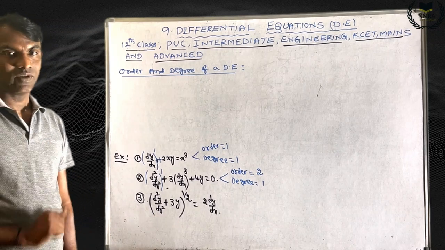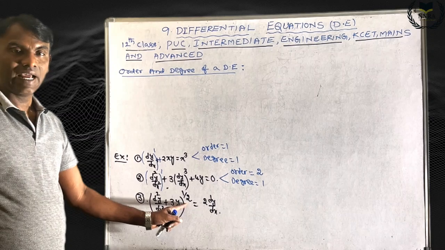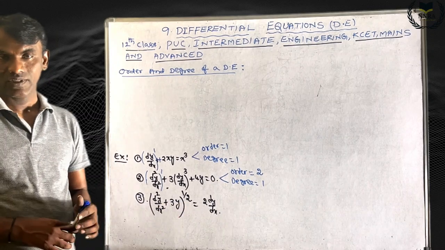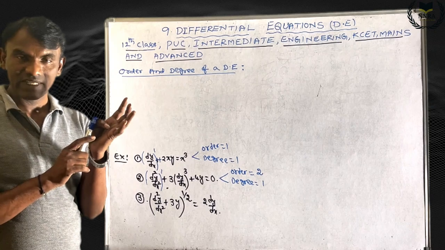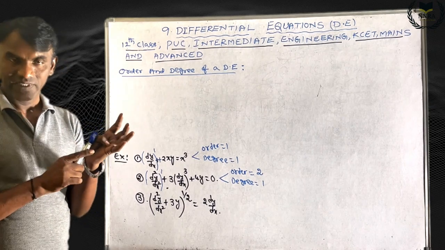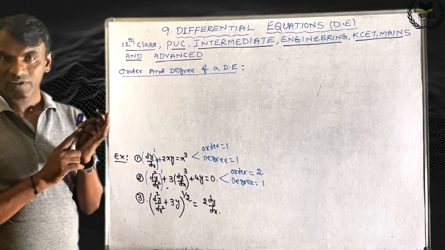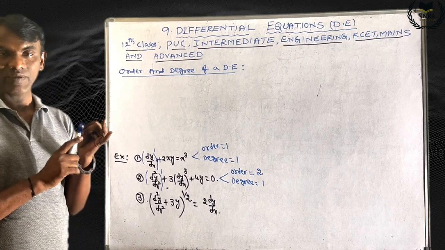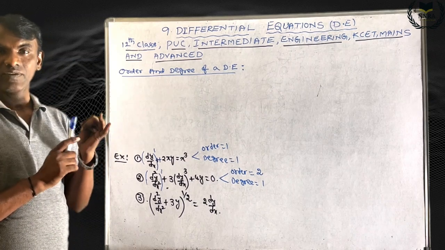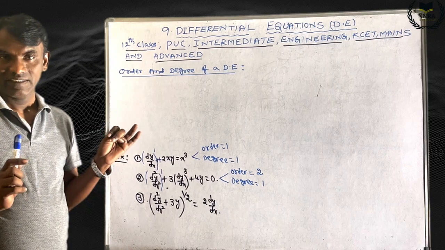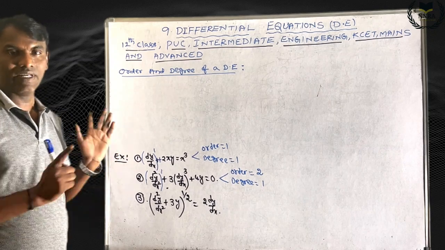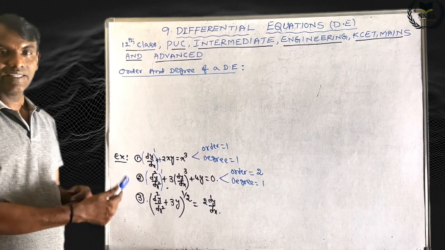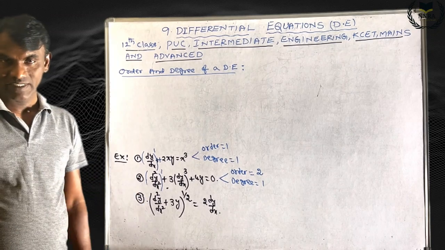Why is degree not possible? Because it has a square root. 1 by 2 means square root. So if the differential equation contains either a square root or cube root, meaning 1 by 3, or decimal values, meaning 1 by 10, 1 by 100, 1 by 1000, etc., then first we should remove that value. After that we will write or consider the degree for the given equation.